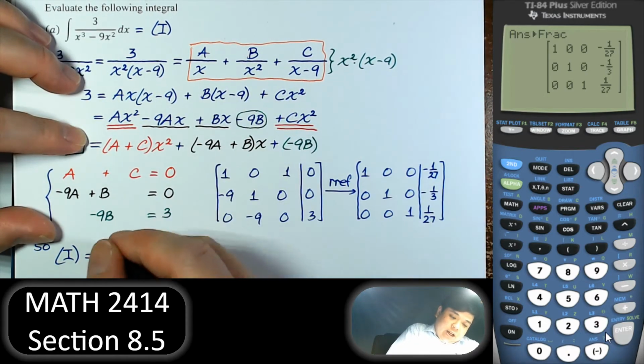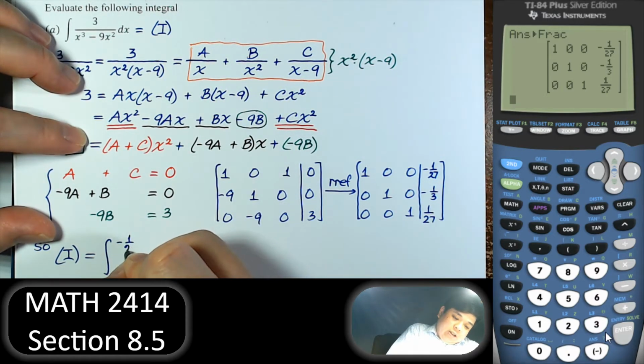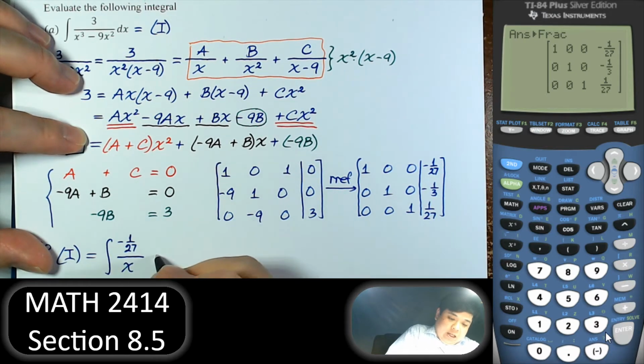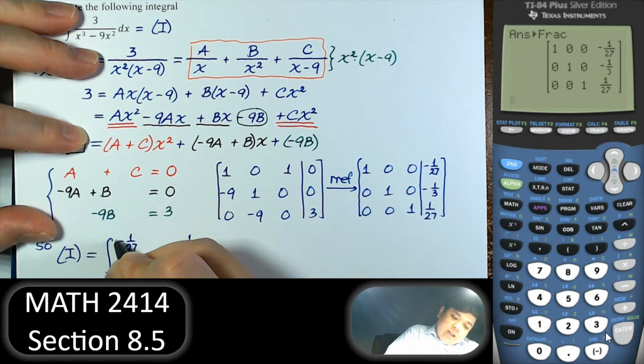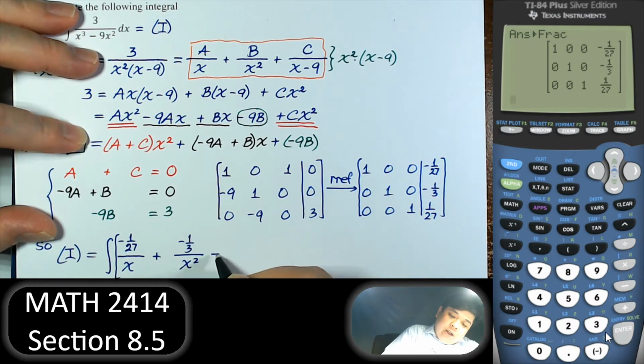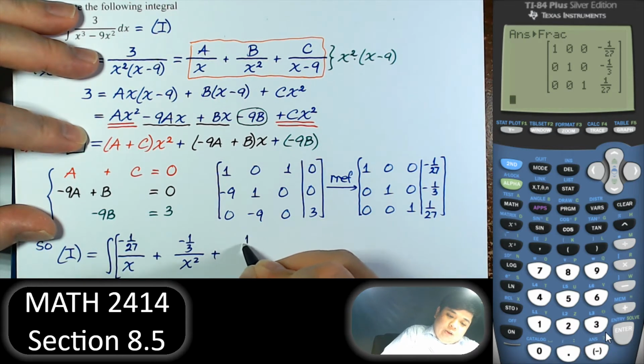Negative 1 over 27 x plus negative 1/3 x squared plus 1 over 27 times x minus 9.